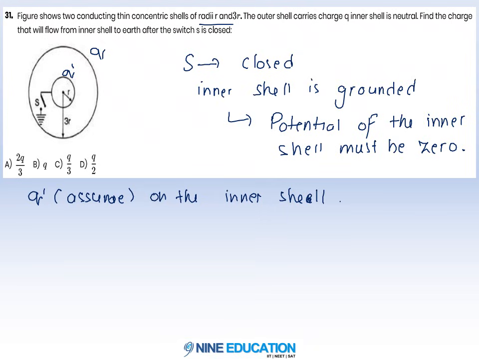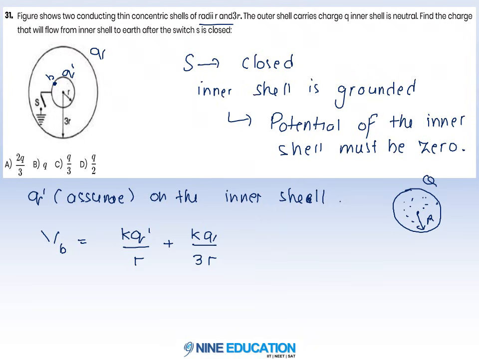So now what is the potential at the inner shell? Take this point B. The potential at point B is due to two shells. One is due to the small shell, kq dash upon r, plus another one from the outer shell, kq upon 3r. You must remember that if the radius is r and the charge is q, then the potential at all points inside is kq by r.